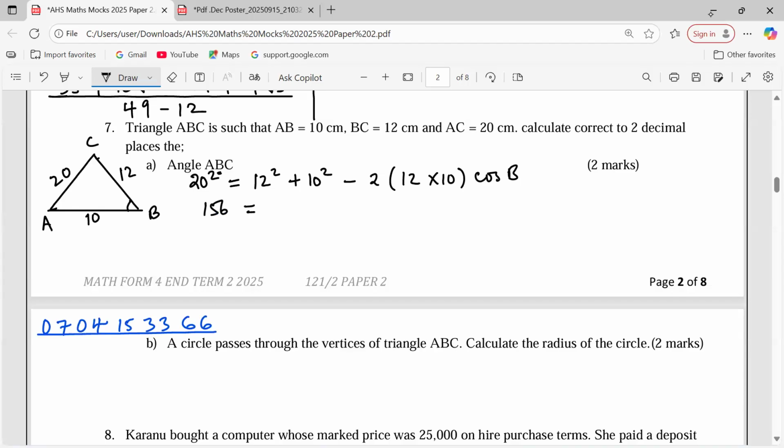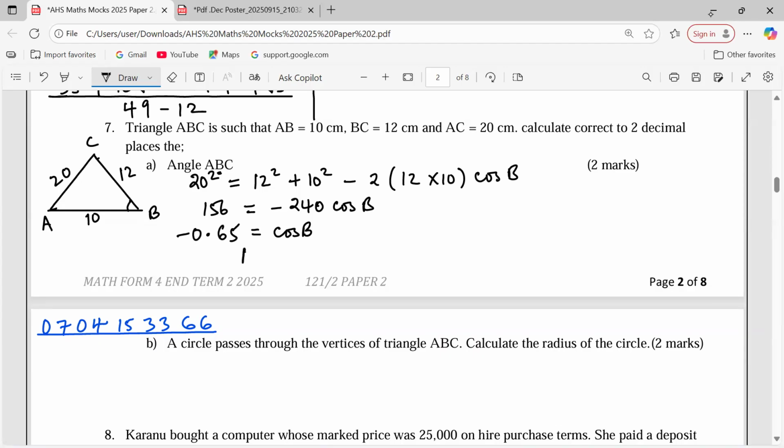equals negative 2, that is 24, negative 240 the cosine of B. So how will you remain with the cosine of B? We divide through by negative 240. This will give us negative 0.65.